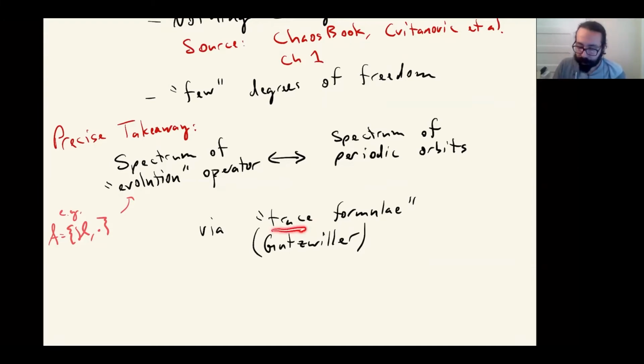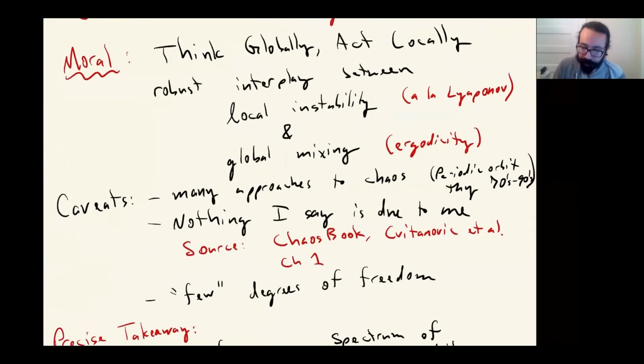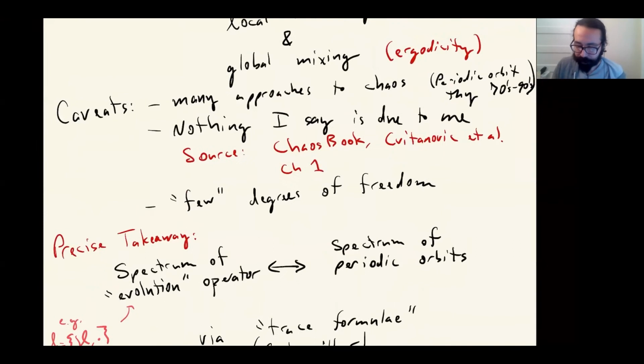So the statement will be that the trace of this evolution operator is going to be in some way fixed by properties of these periodic orbits. I think this is the big picture. If you had to take away two sentences, it would probably be this relationship, the fact that trace formulae exist, but also don't forget our local versus global story, which is going to be really important to making sense of this relationship down here.